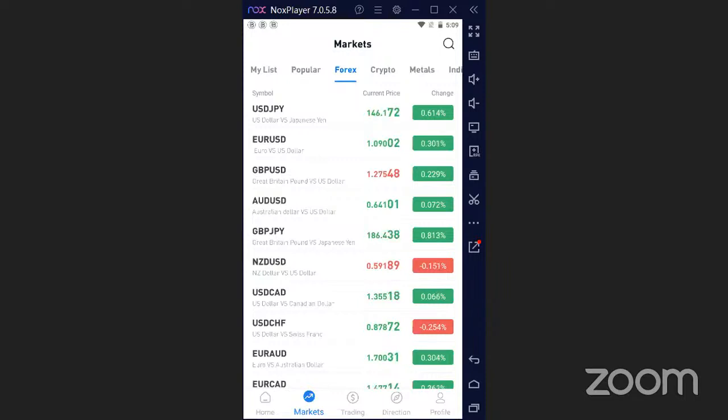Then we have what we call the minor currency pairs. These minor currency pairs are mostly not associated with the USD.